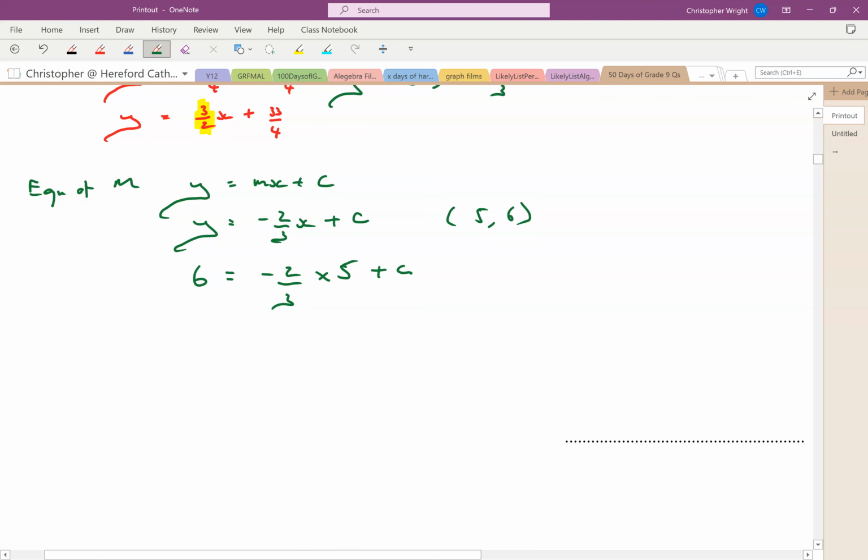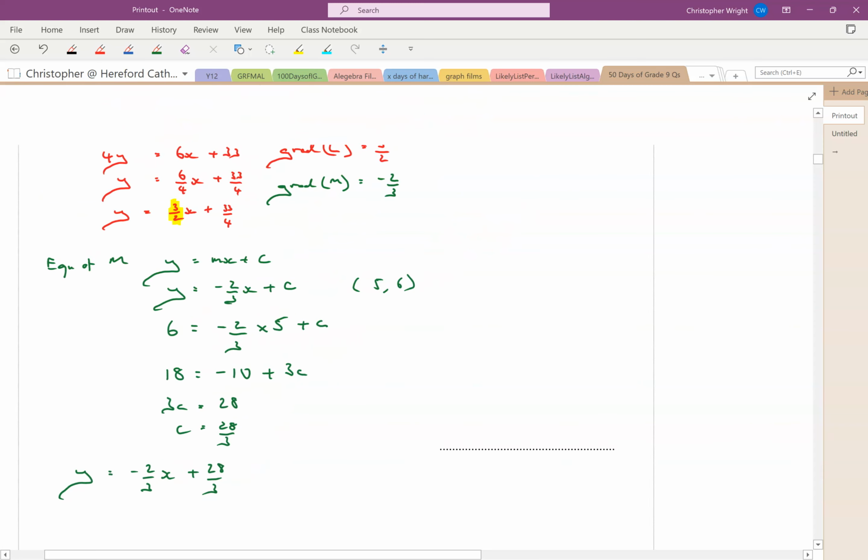And that will enable me to find out what c is. Let's multiply everything by 3. So I get 18 equals -10 plus 3c. So I get 3c equals 28. So I get c equals 28 over 3. So now I know the equation of M is y equals -2/3 x plus 28 over 3.